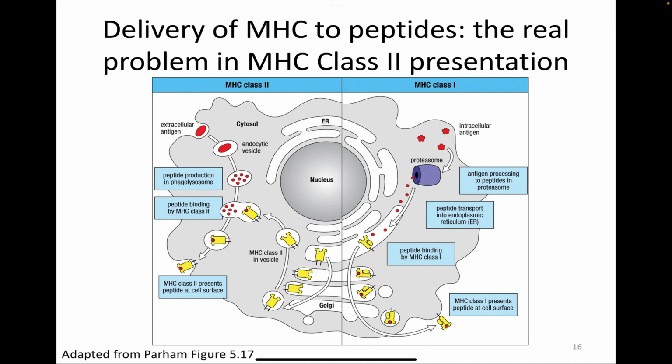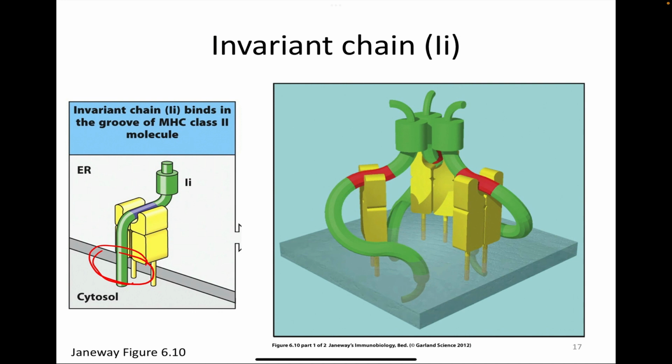It's sort of like the address label that says move this thing into this place where the peptides are. And so that tail part of invariant chain moves class 2 where it needs to go. And so part of what invariant chain is doing is helping deliver class 2 to the peptides.